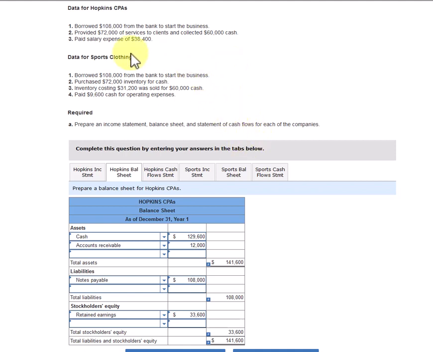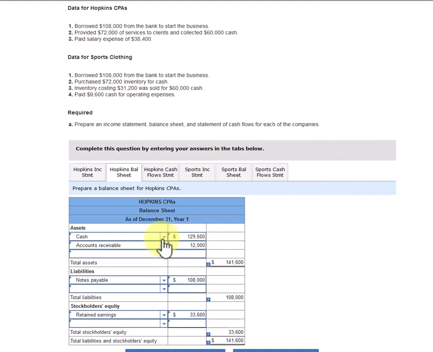In this example, we provided services of $72,000, but only collected cash of $60,000, meaning that the customers still owe us the $12,000 difference. So your accounts receivable is whatever the difference is between the services provided to clients and the cash collected.